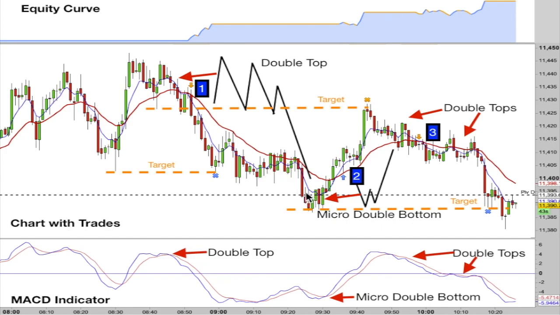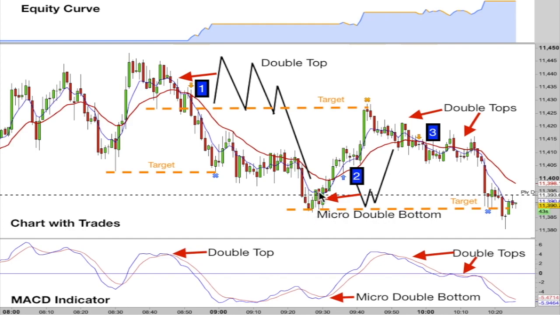What was happening here was we were at a round number level, 11,400, and also at the pivot point level, which is effectively a value level for buyers and sellers based on yesterday's highs, lows, and closes. So you'd expect the market to test this level, 11,400, and also reach the pivot before going back up. And I was watching closely what was happening down here as it was doing that.